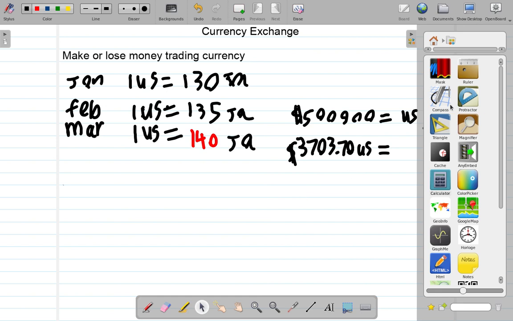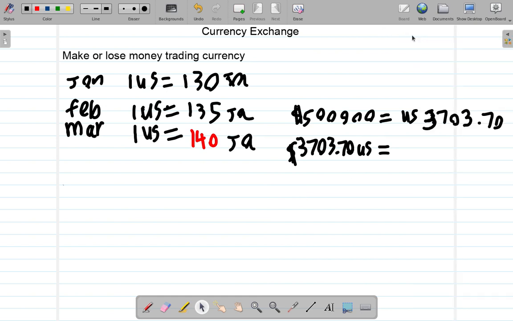So now the Jamaican dollar they have is 518,518 Jamaican. So they speculated correctly, right?